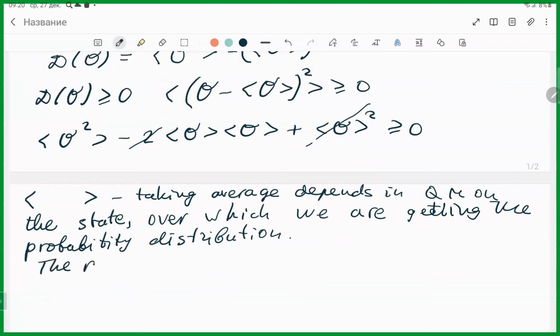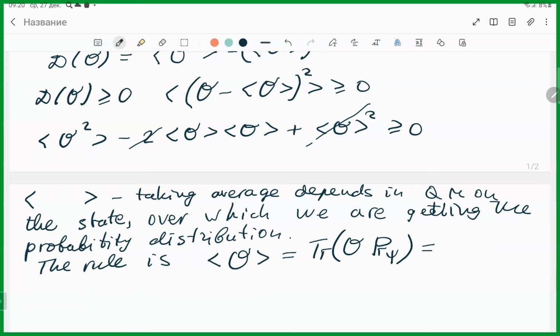The rule is that the average of O is the trace of O times the projector on the state psi, that is psi, O psi divided by psi comma psi.